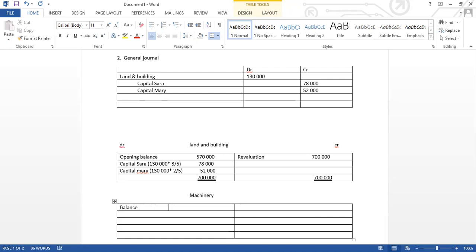So we have the balance in this case, which is 80,000. And then we have revaluation of 90,000. And again, we said we balance off. 90,000 is the bigger amount, so you write it on both sides because it's the bigger amount, the same way we balance off other ledger accounts.